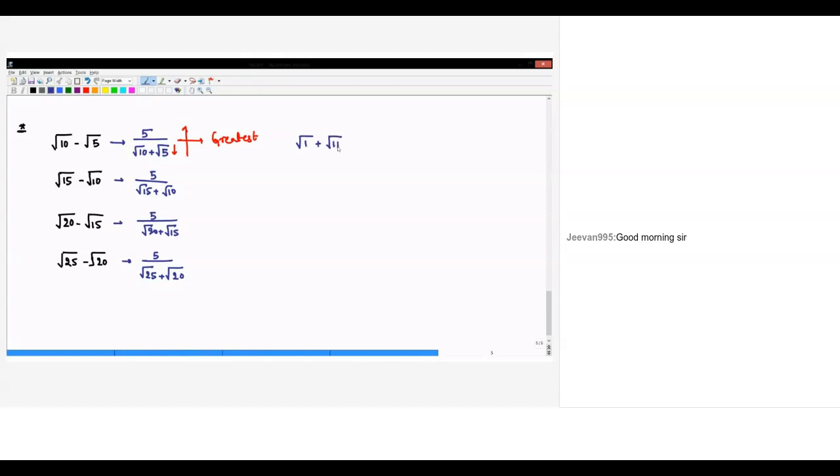Root 1 plus root 11, root 2 plus root 10, root 3 plus root 9, root 4 plus root 8.